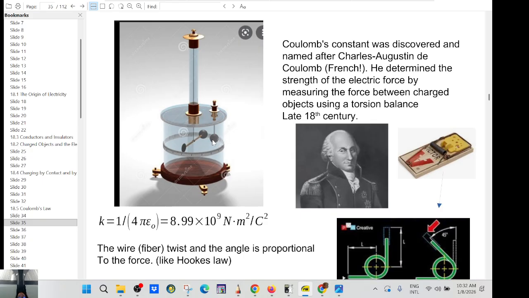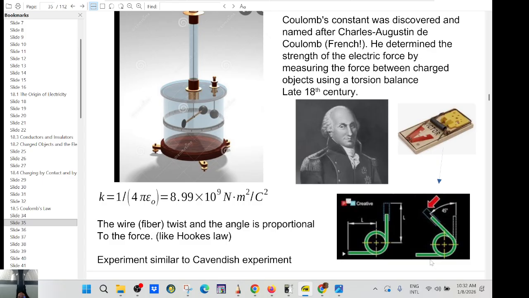They're going to attract each other. So here you're going to have a twist. This is a wire, made of a fiber. It's going to be twisted, something like this. And the angle will be proportional to the force. So it's like Hooke's law. So that's how he did it. Any question?